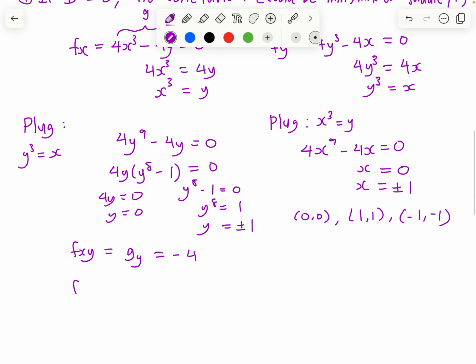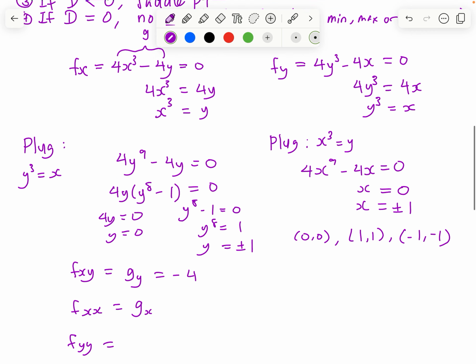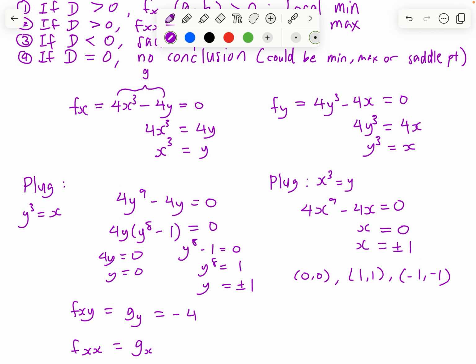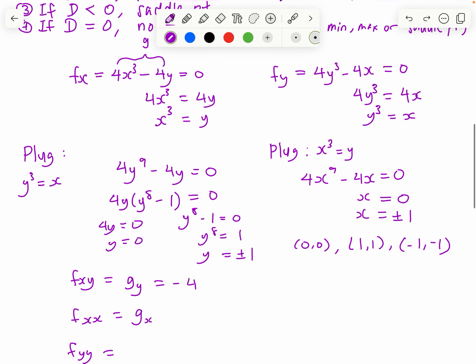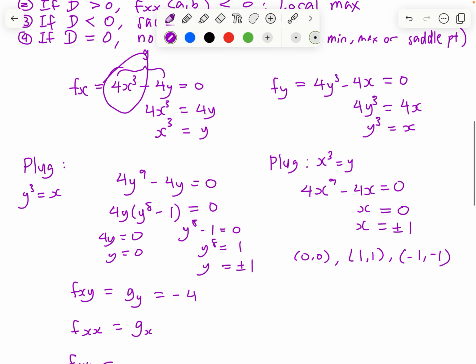And we also want to find what fxx is and what fyy is. So again, fxx would be basically gx. Just to make it easier to understand, we're taking the derivative of this and we take it again, but this time it's with respect to x, not y. So the negative 4y would cancel out because that's a constant, and the derivative of 4x cubed would just be 12x squared.